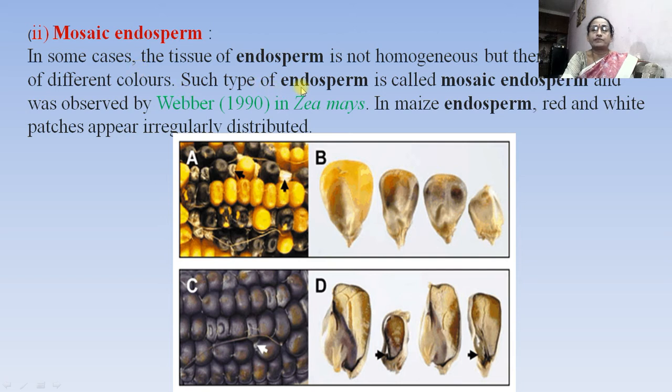Such a type of endosperm is called mosaic endosperm, and it was observed by Weber in 1900 in Zea mays, that is maize. In maize endosperm, red and white patches appear irregularly distributed. Here we can see some dots distributed over the seed, and that's why it is called mosaic endosperm.